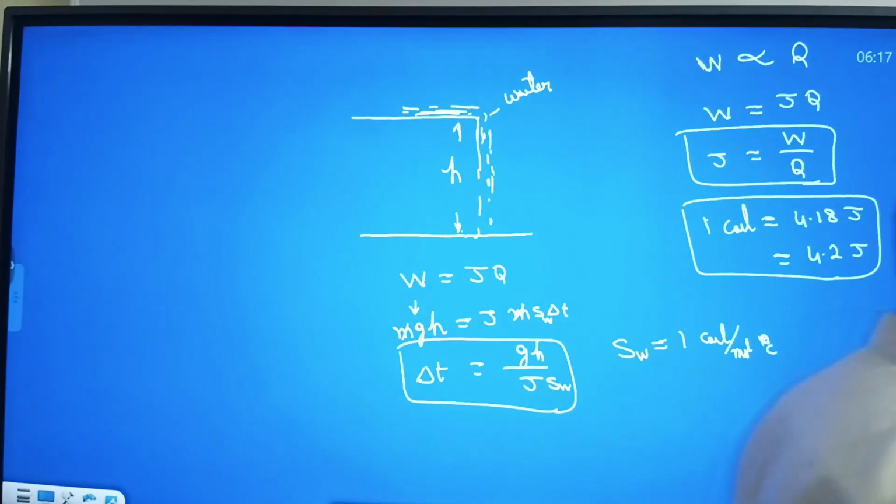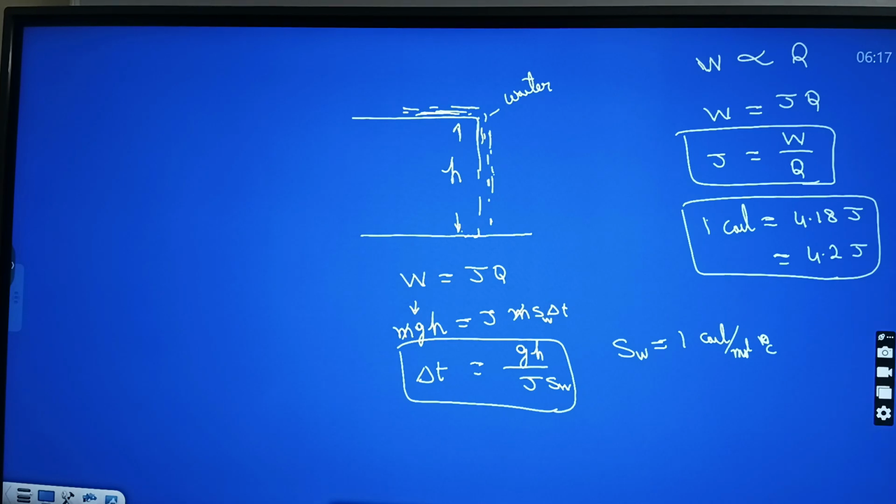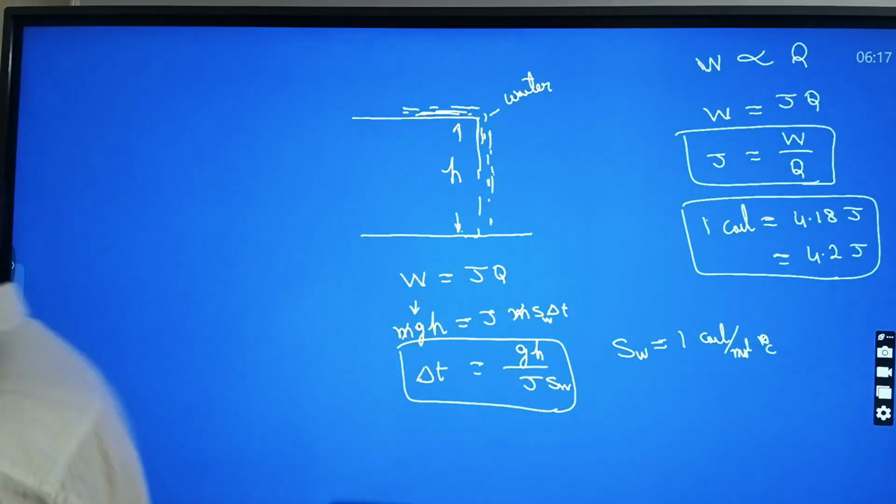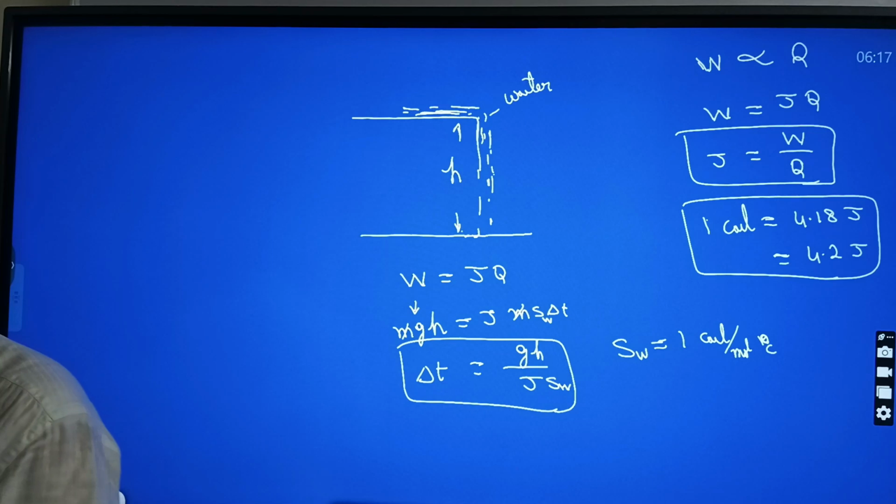Another application. The kinetic energy of a bullet fired from a gun gets converted into heat on striking the target.